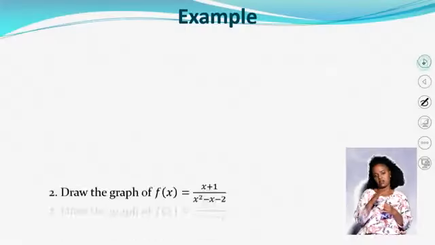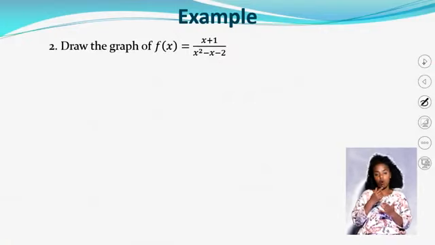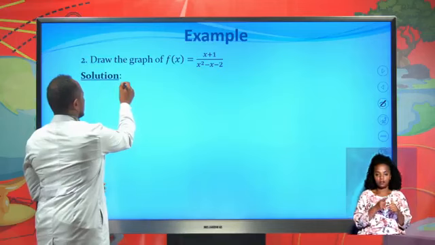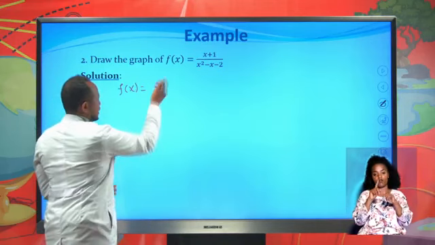Let's see an example. Here, draw the graph of f of x is equal to x plus 1 over x squared minus x minus 2. To draw the graph of this expression, first, let's factorize f of x and simplify if possible.